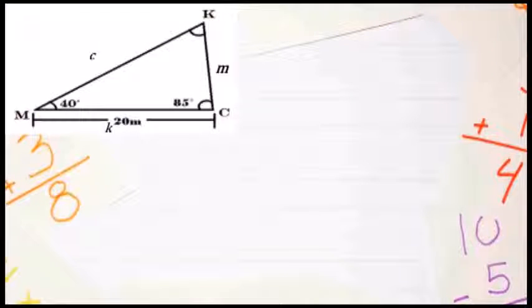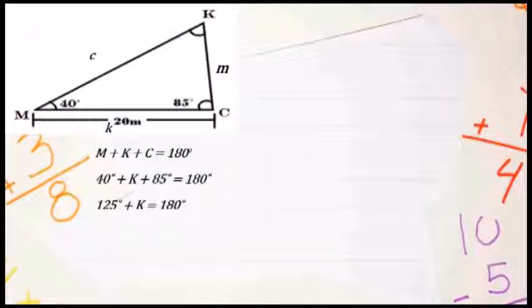Now this is the solution for the first question. We all know that the interior angles of a triangle measure 180 degrees. So m plus k plus c is equal to 180. Substituting the values, 40 degrees plus k plus 85 degrees is equal to 180 degrees. Combining like terms, 125 degrees plus k is equal to 180.